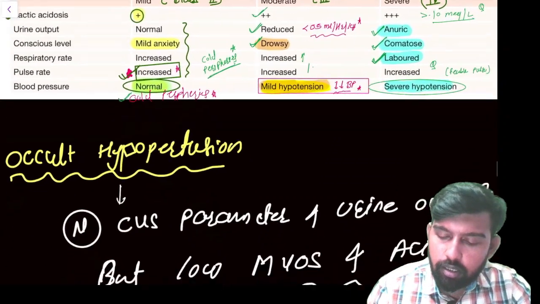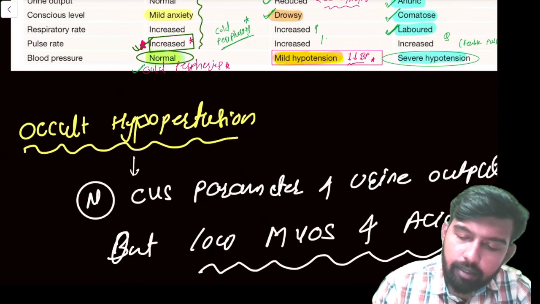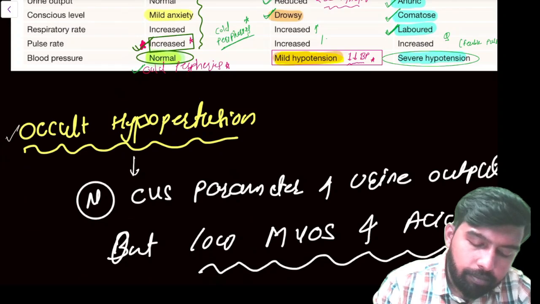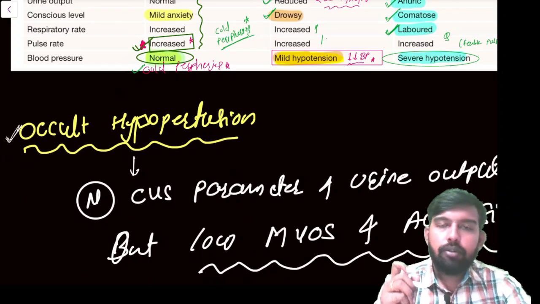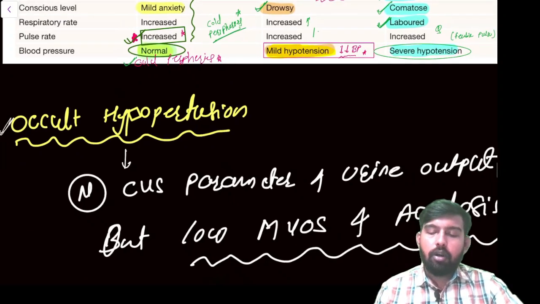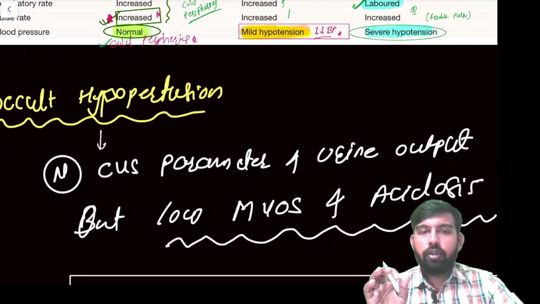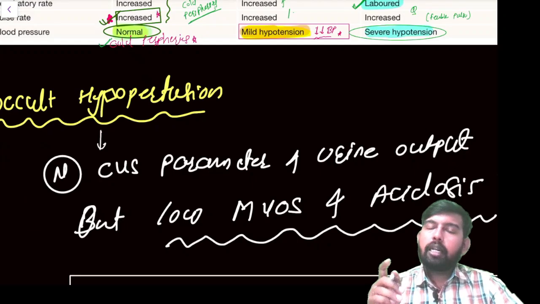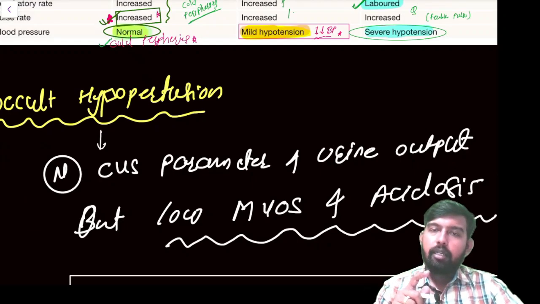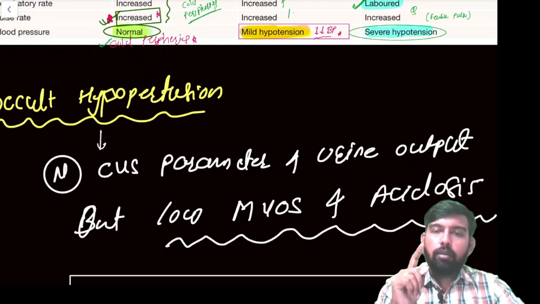There is another important term given in the recent Bailey, that is occult hypoperfusion. This is a type of compensatory mechanism in which all the cardiovascular parameters as well as the urine output are normal, but at the tissue level there is a hypovolemic shock.